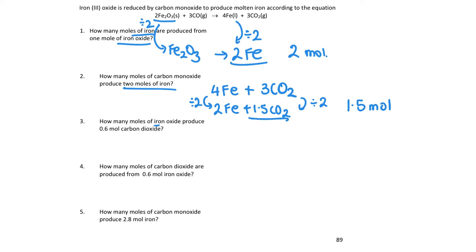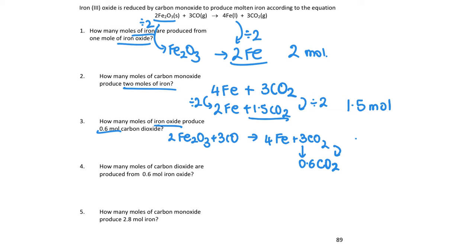How many moles of iron oxide would produce 0.6 moles of carbon dioxide? Let's write that equation back up. All right, written up. What has changed is this has become 0.6 moles of CO2. So we need to think 3 times what will get us to 0.6. We can find that by doing a little division here, finding a mole ratio.